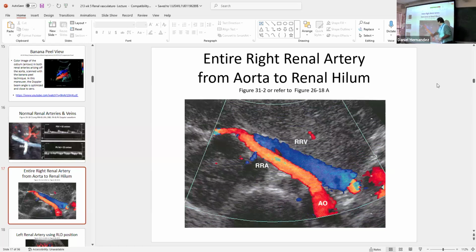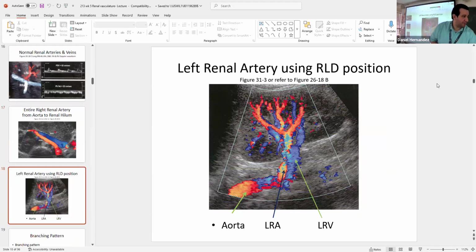They oftentimes don't see the origins of the renal arteries, and they can only get a small segment closer towards the hilum of the kidney. Maybe they'll get a distal, a little bit of mid, and that's all they got. So in those cases, we just have to go based off our waveforms, what that's telling us, if there is a potential significant stenosis more proximal.